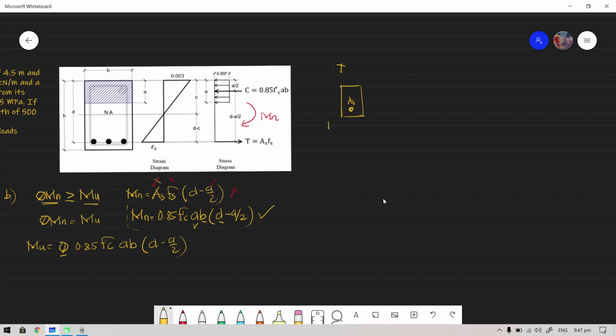We call that as tension failure. Okay, in tension failure, the steel still yields before the concrete crashes. So yung tension failure natin, as much as possible nasa tension control siya.